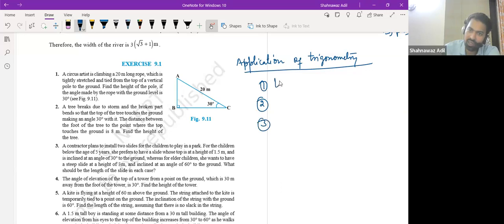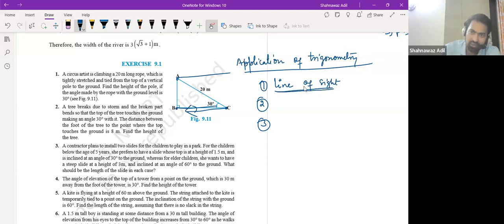First is line of sight, from where you are looking. So let's say you are here and you are facing this way, so this is your line of sight. So one thing is from where we are, that is called the line of sight.